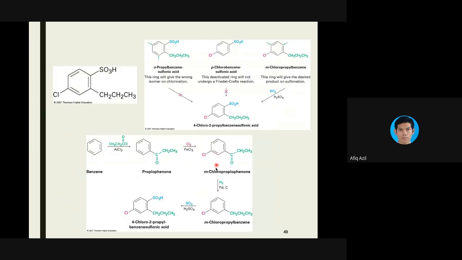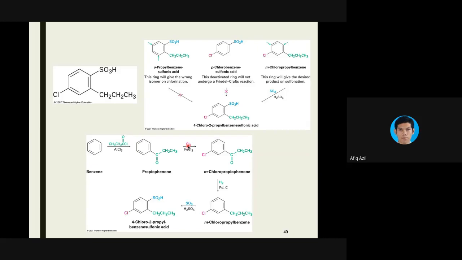Then after chlorination, it undergoes a reduction reaction to turn this carbonyl group into CH2, a normal alkane. Then the last step will be adding the sulfonic acid. So why from this propiophenone does it not go straight to the reduction first, and only then add chlorine?